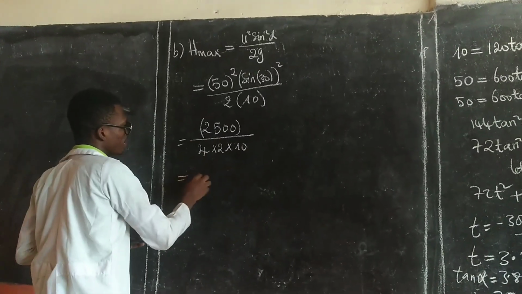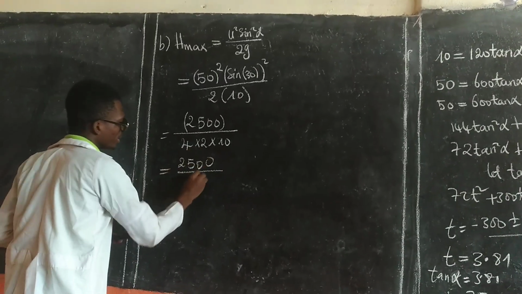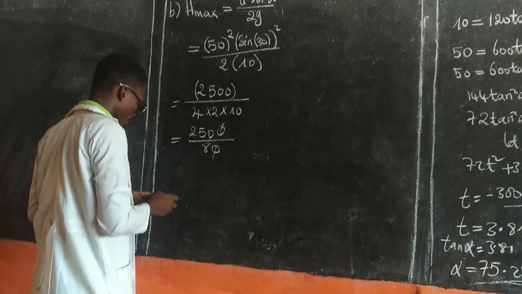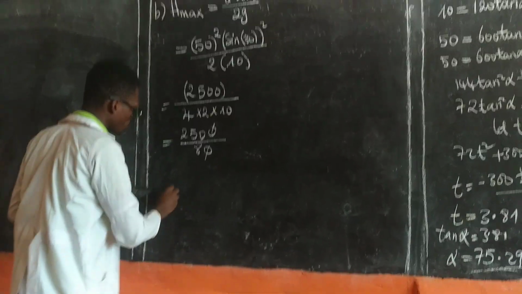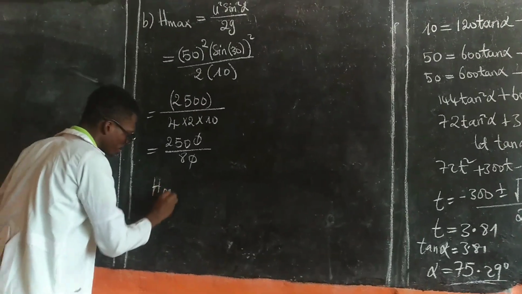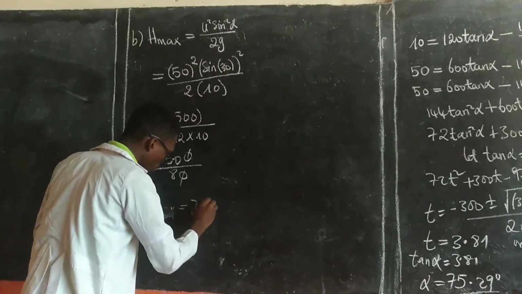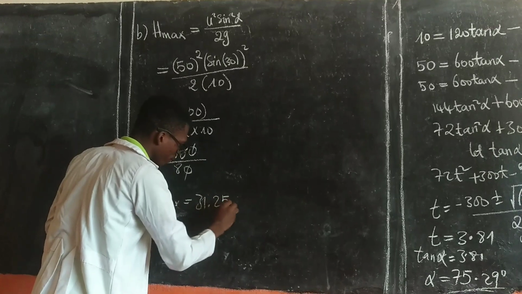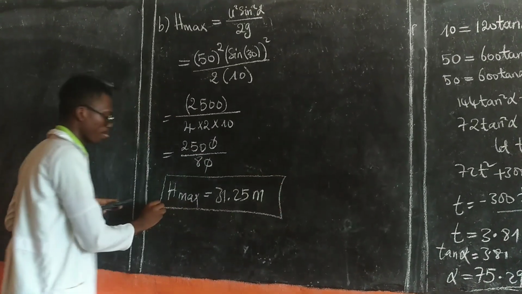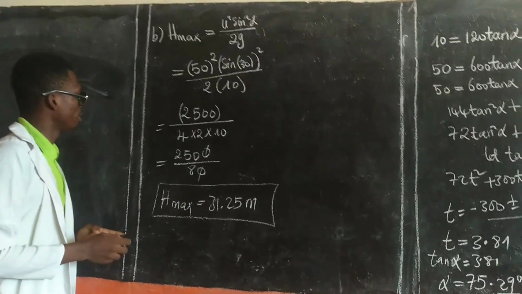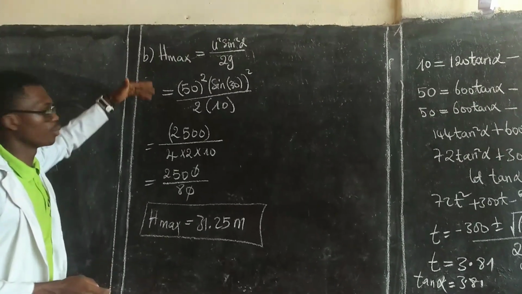And this is the same as 2,500 divided by 8. Alright, so 250 divided by 8. So H max is equal to 31.25 meters. This is the maximum height, provided the angle of projection is 30 degrees.